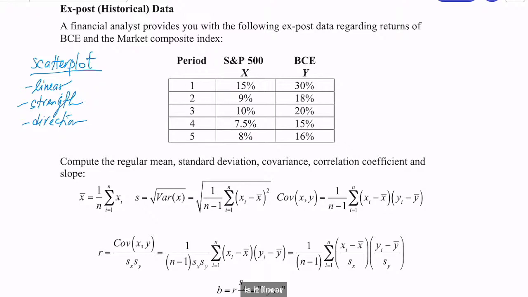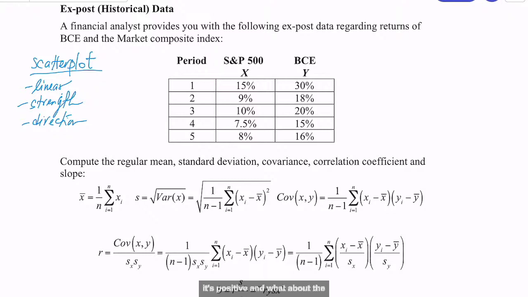Is it linear? Okay, so someone said it's linear.